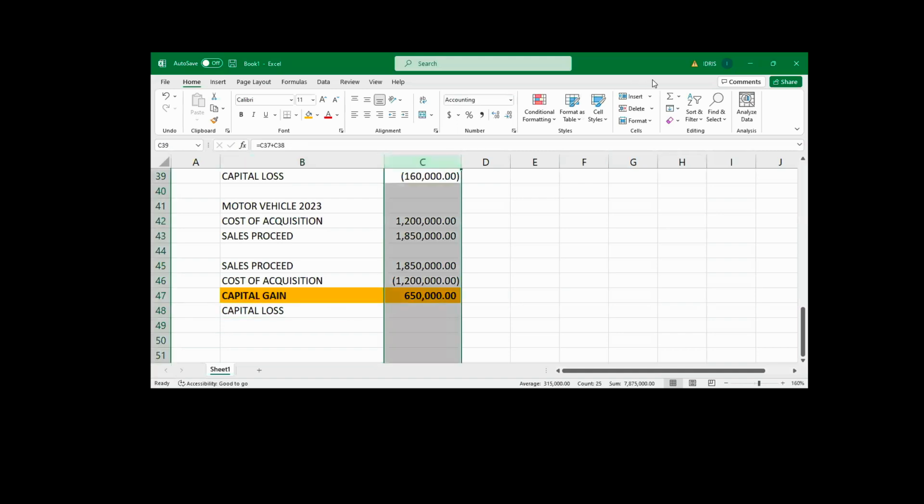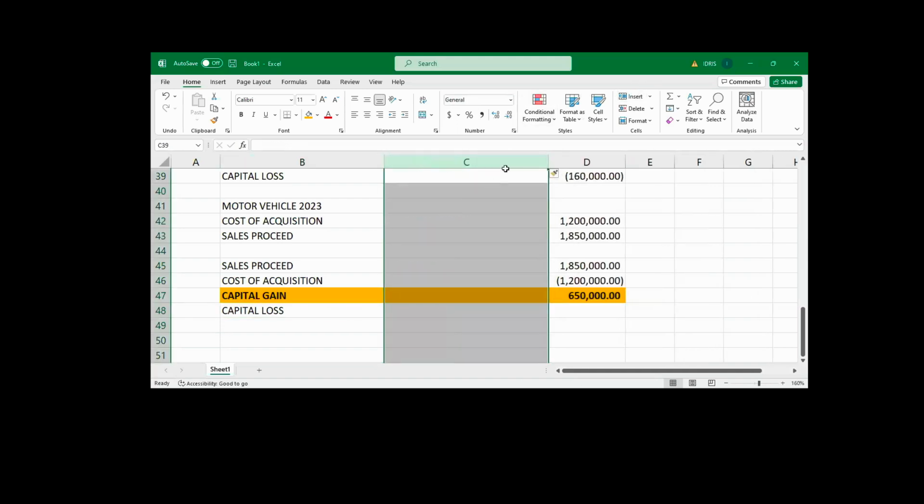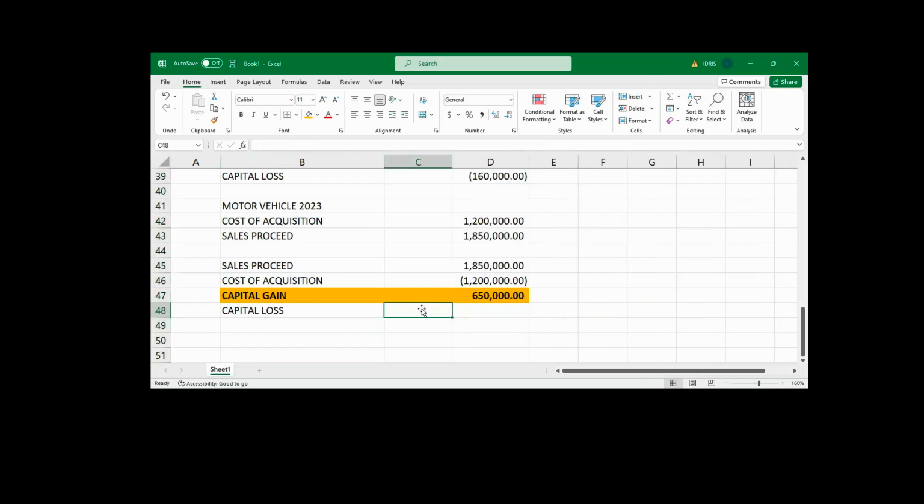How much is the capital loss? 160,000. This 160,000, you will now say capital loss relief, capital loss relieved. We are going to relieve the 160,000.